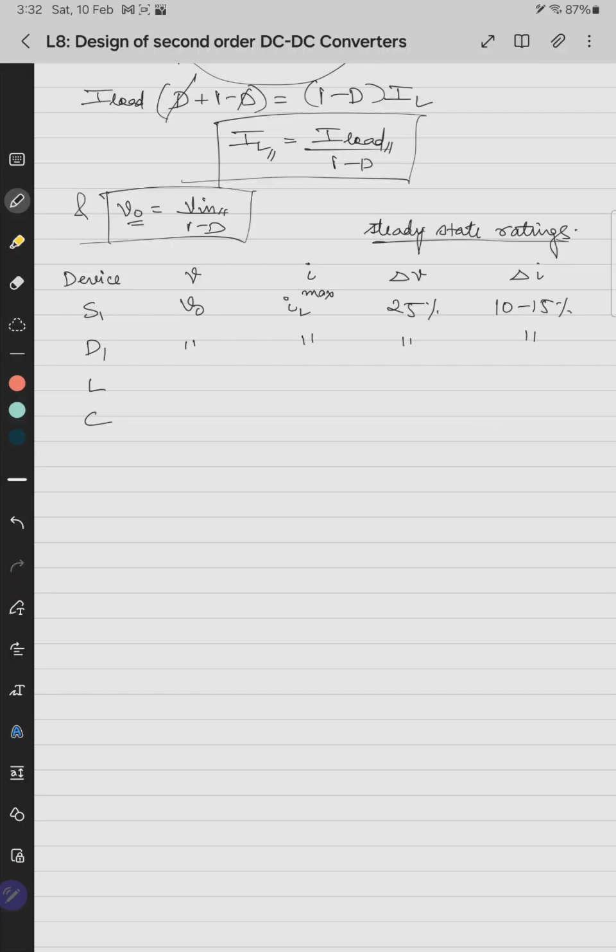Now for inductor we have two special cases. It is V in or V naught minus V in. This is for D less than 0.5. This is for D greater than 0.5.